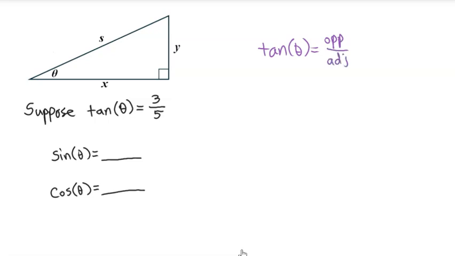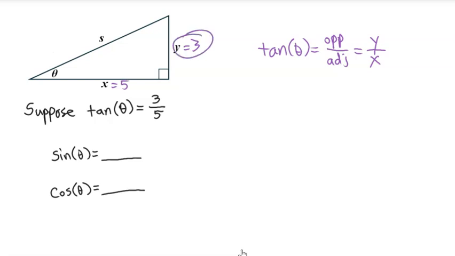Opposite is y and adjacent is x, so tangent is y over x. So this 3 is like y, so y is 3, and this 5 is like x, so x is equal to 5.